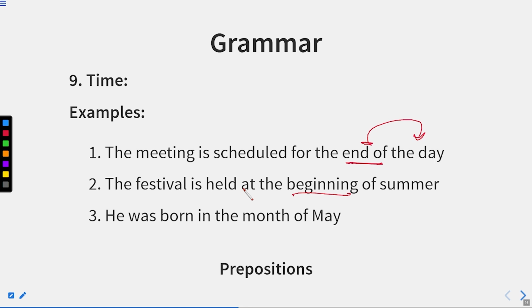He was born in the month of May. So month of May, or we can say 21st of May, which means the 21st day of May. So here, just to show the relationship of time, or to show that this is the time of this action, we can use preposition of. Now let us move to the next one.